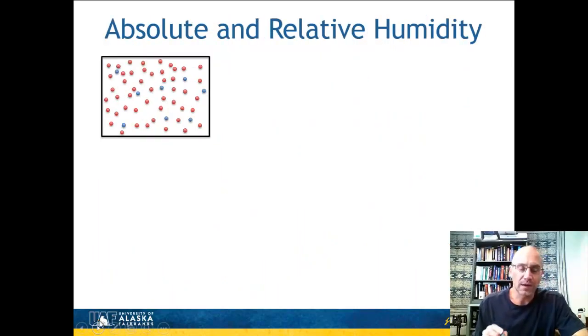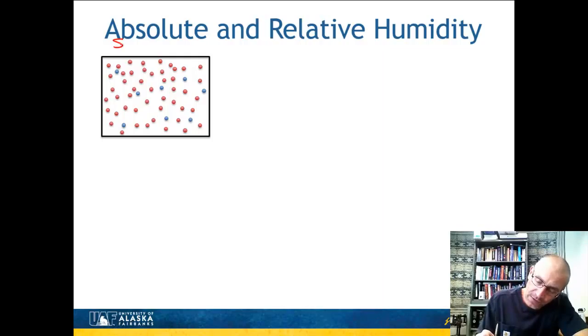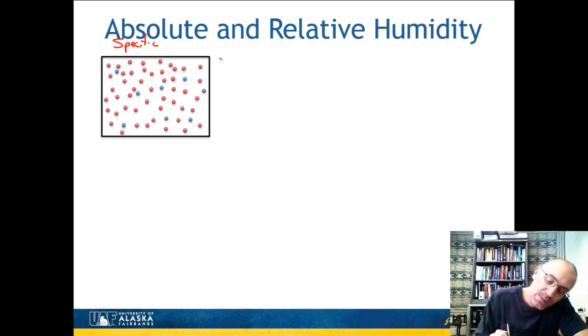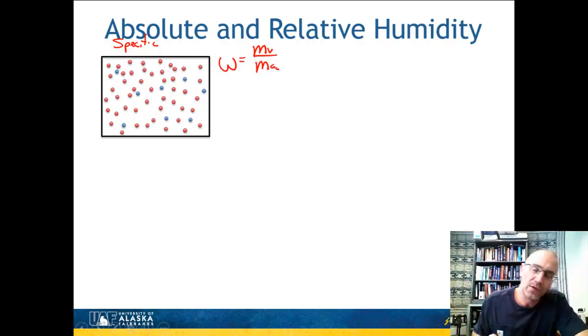I want to talk about a couple more terms here, which are absolute and relative humidity. First I'll talk about the absolute humidity. This is also called the specific humidity, and it is the amount of water vapor in air. So it's the amount of blue dots per amount of red dots. It's given the symbol omega, and it's simply the mass of the water vapor over the mass of the air.